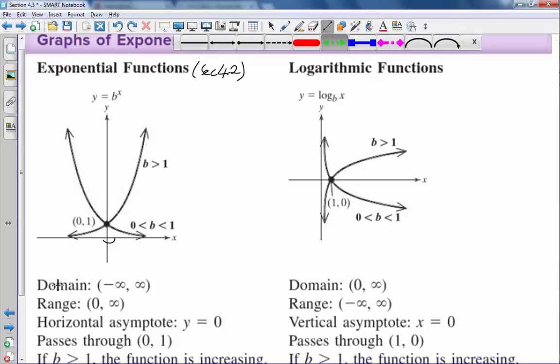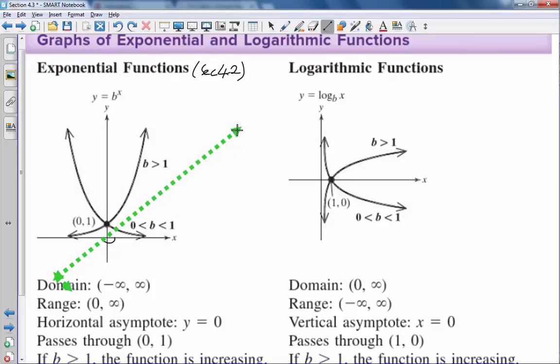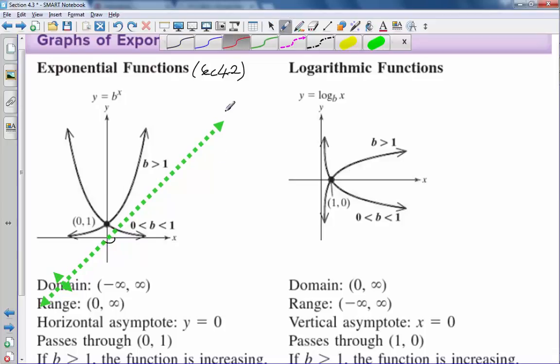Do you remember this line from 4.1? What is this line called? It's the y equals x straight line.